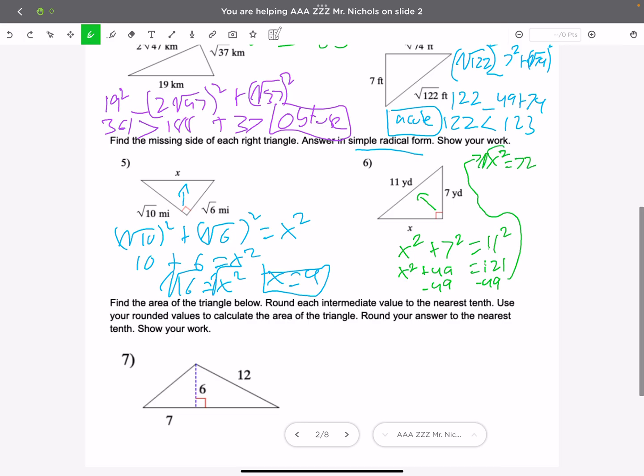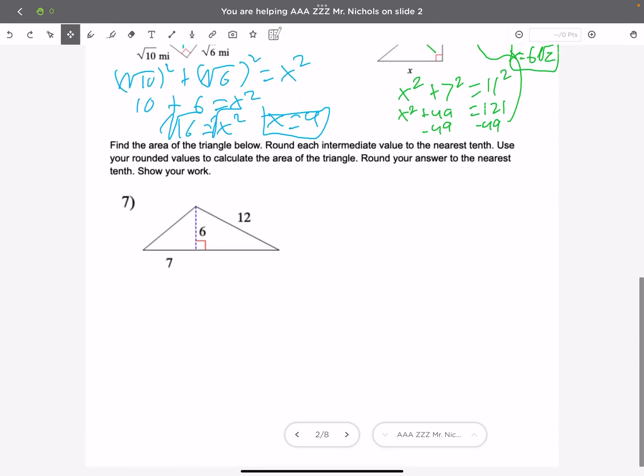And so x is equal to the square root of 72, which we can simplify as 36 times 2. And so that is equal to 6 root 2. That's our answer right here. x equals 6 root 2.